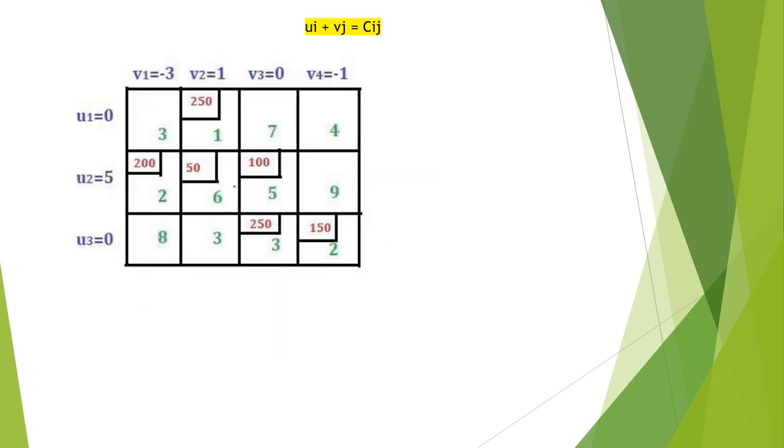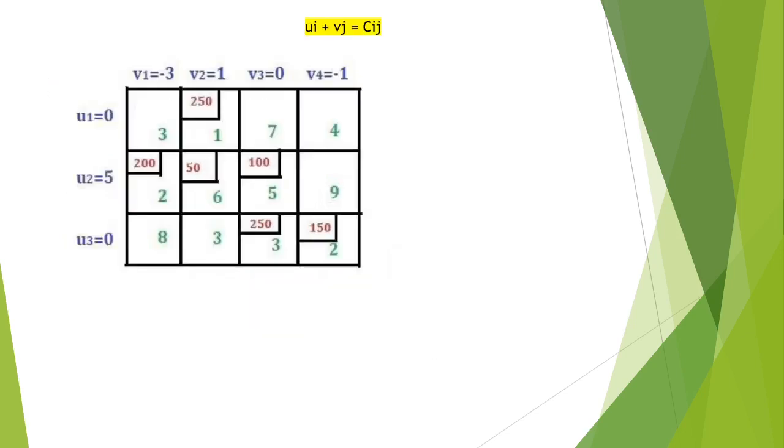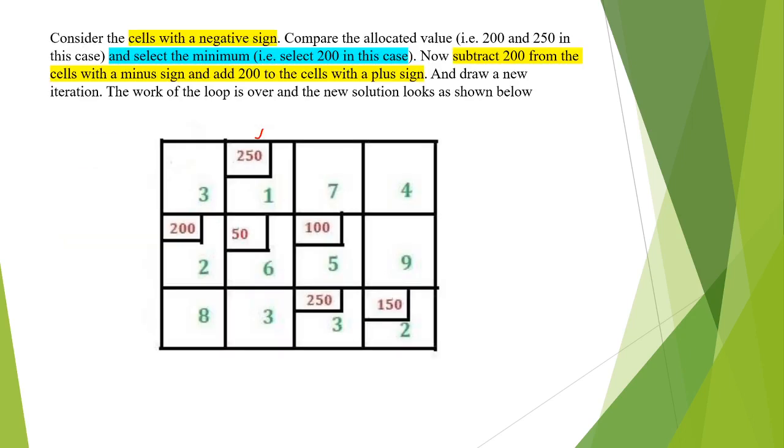Now we will again find the ui values and vj values. So for that, you put u1, v1, v2, v3, v4, u1, u2, u3, and here I'm putting 0, and we will find using the allocated cells.